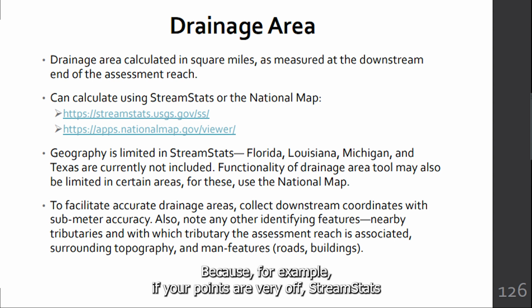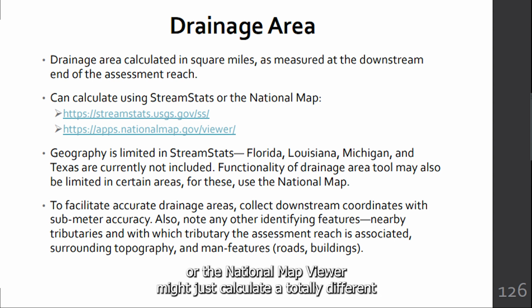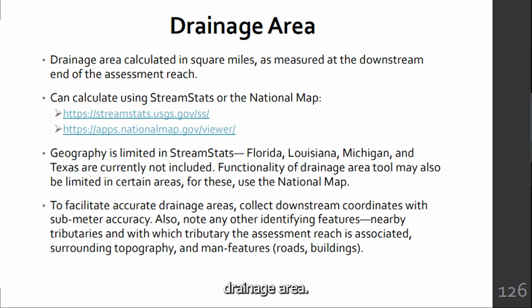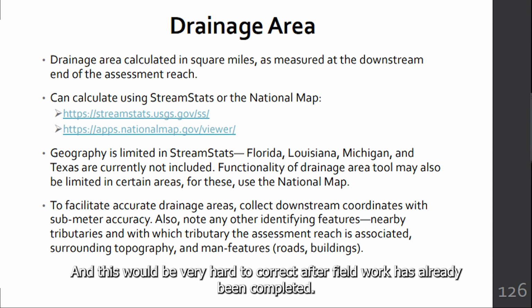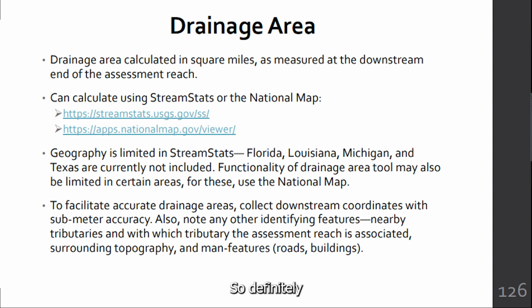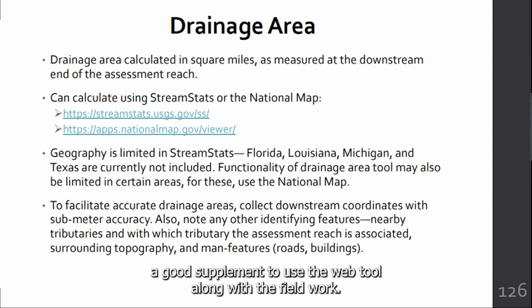Because, for example, if your points are very off, StreamStats or the National Map Viewer might calculate a totally different drainage area. And this would be very hard to correct after field work has already been completed. So it's definitely good to use the web tool as a supplement along with the field work.